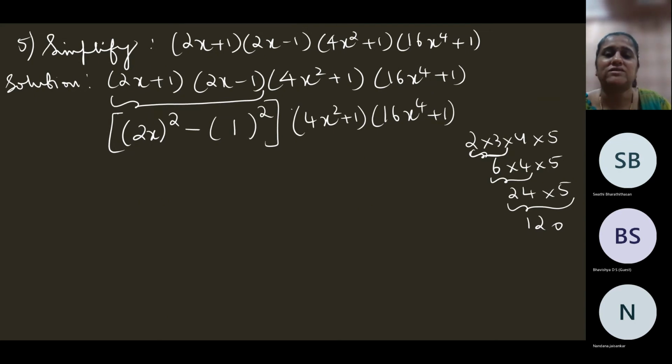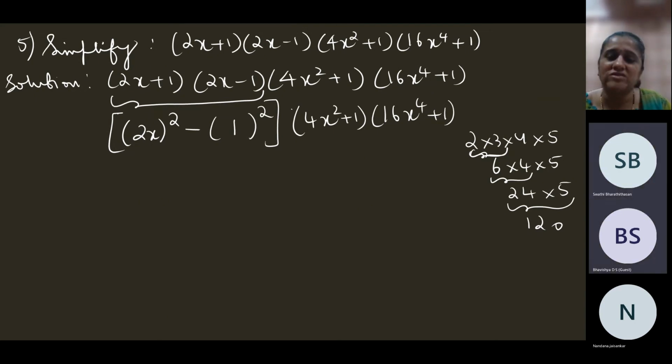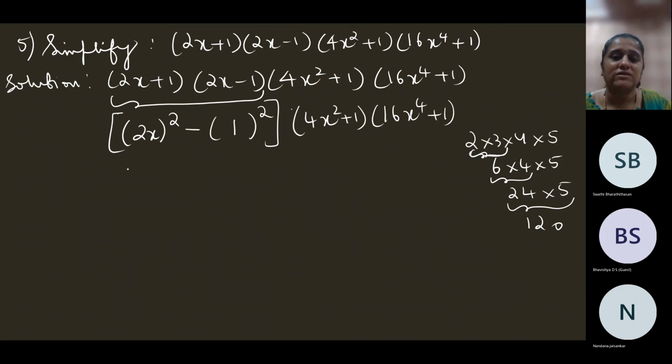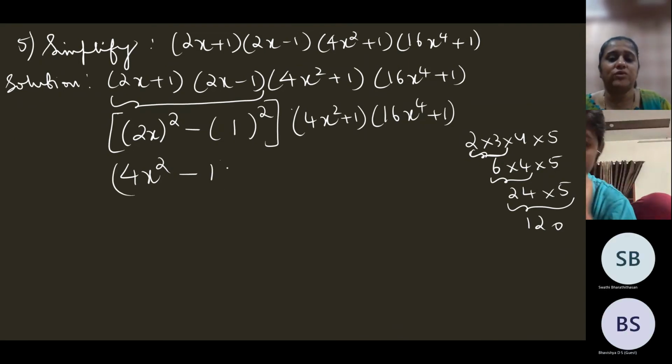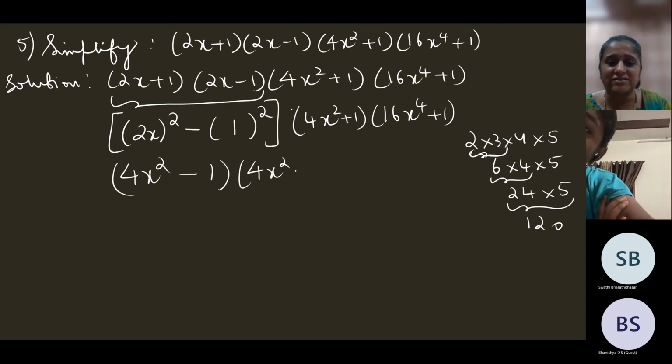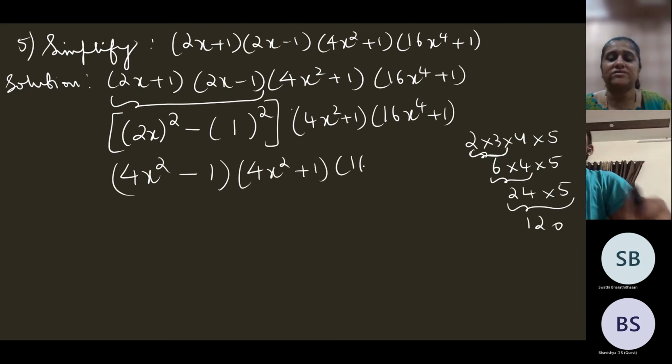What is x into x? X square, ma'am. So what is the product? 4x square, ma'am. 4x square. Then minus 1, ma'am. 1. Okay, 4x square minus 1. Then write the others as it is. Now what will you do, Bhavishya?